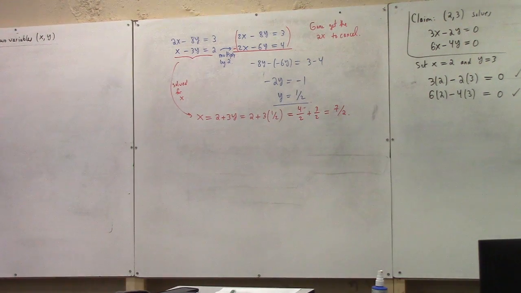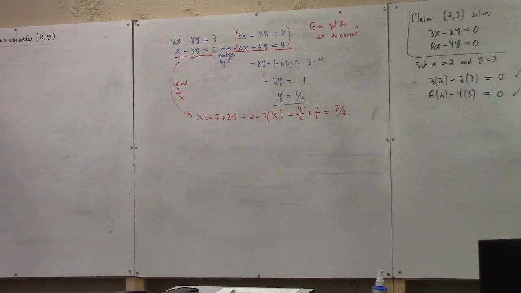Here's one. 3x plus 4y equals 7, and 5x minus 6y is equal to minus 1. This one's annoying in that you can't just match up the numbers.